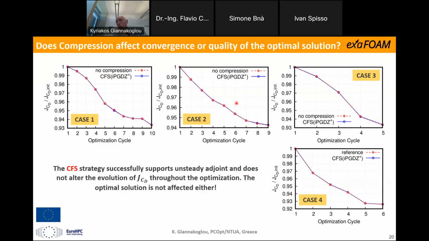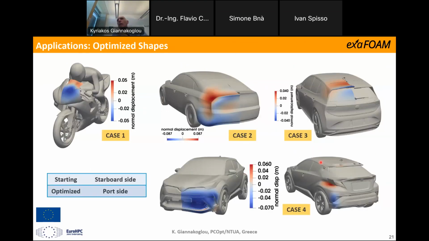In all cases, you see that with or without compression, we practically get exactly the same gap, which is an encouraging result because it shows that compression does not affect the convergence of the optimization algorithm. Or in other words, that it is absolutely safe to perform the optimization with compression.